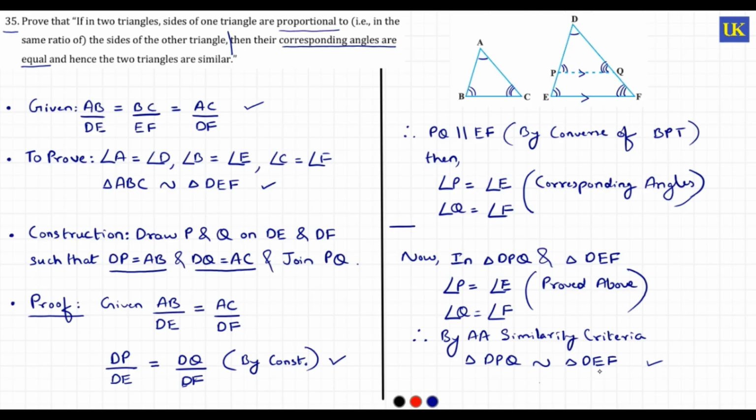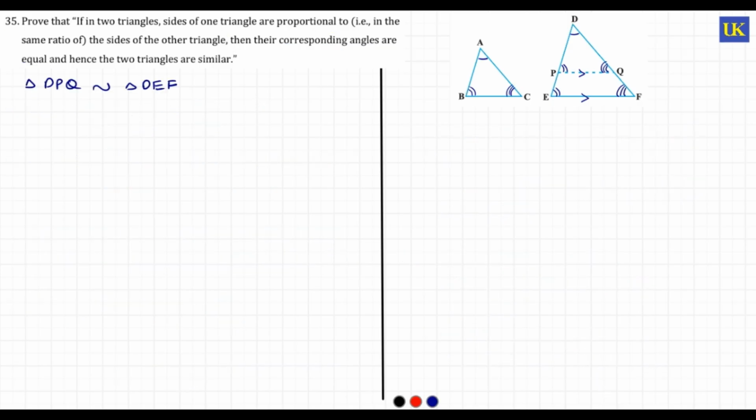Okay. Now we will go further. So on the earlier page, we proved that triangle DPQ is similar to triangle DEF. So this small triangle is similar to the bigger triangle. Now we can write this in similarity form.